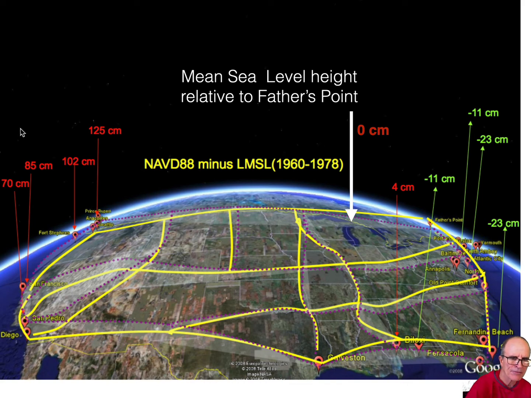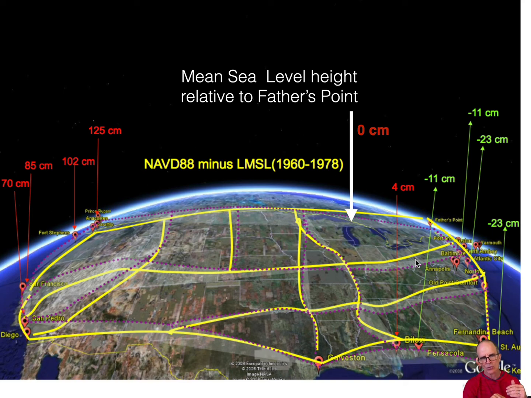This is what the difference is: 1 meter, 70 centimeters, or minus 23 centimeters. So there's a big difference in where our zero is and where the mean sea level is at the coast. It's kind of odd, but you actually have an average height of water relative to our base standard at almost every point on our coast that is different than zero.